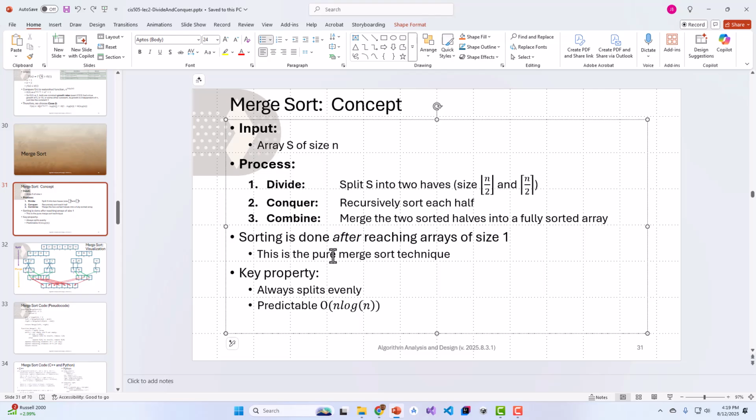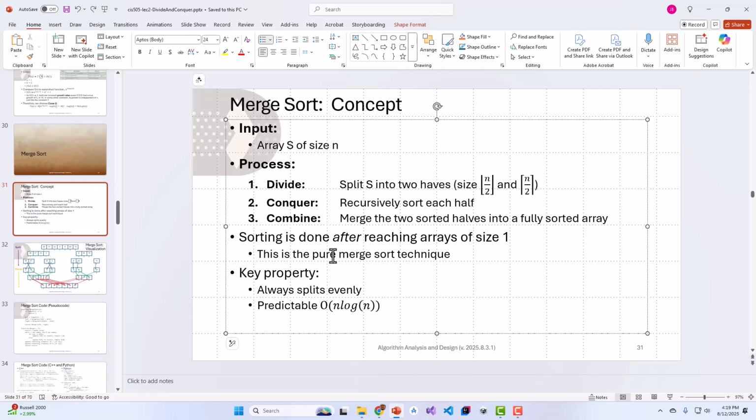This is the pure merge sort technique. As I mentioned earlier, in practice, Java's Arrays.sort uses a couple of different sorting algorithms, and I think one of them uses merge sort. What it does, though, is in practice they discovered it should stop when the size gets down to about 7 after splitting. So if I have a size of 100 or whatever, it'll go to 50, then 25, and use merge sort on those.